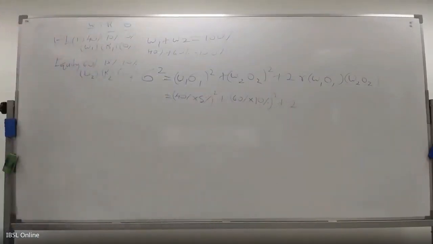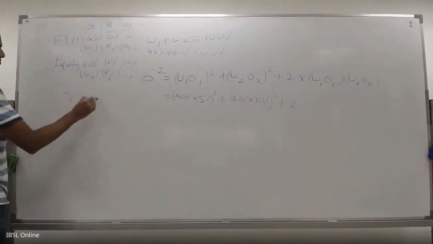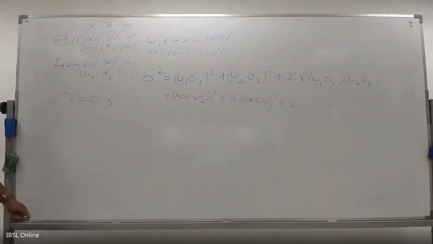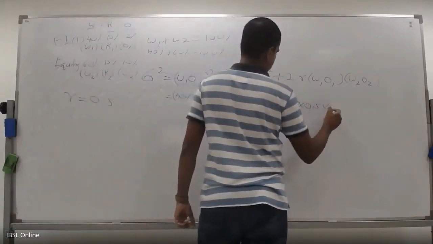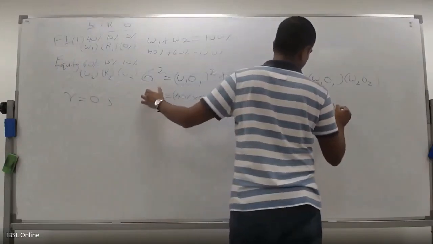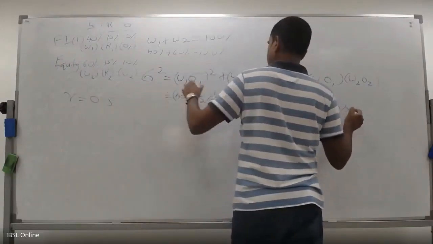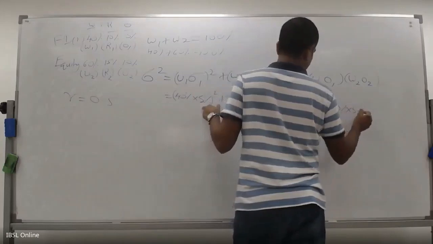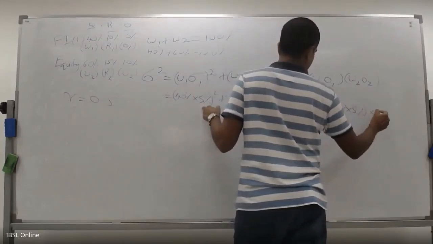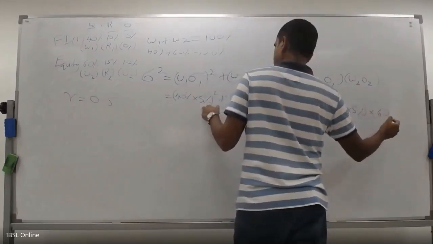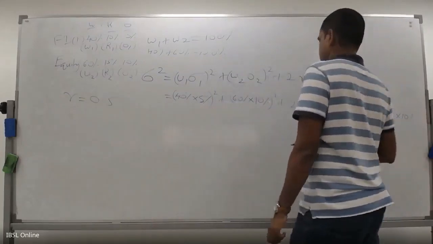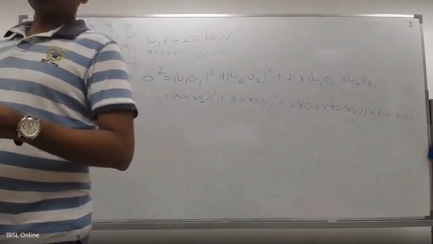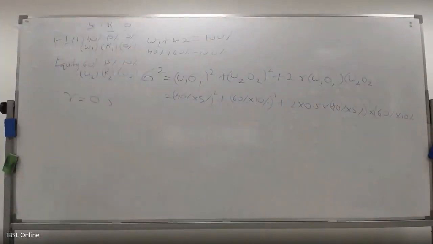The correlation between fixed income and equity, let's say it's positive 0.5. So W1 is 40%, sigma 1 is 5%, times 60% into 10%. If you solve this, you will get the total variance of the portfolio. Right?